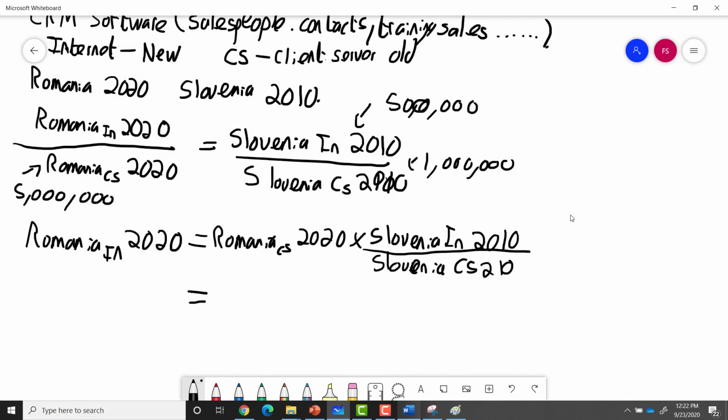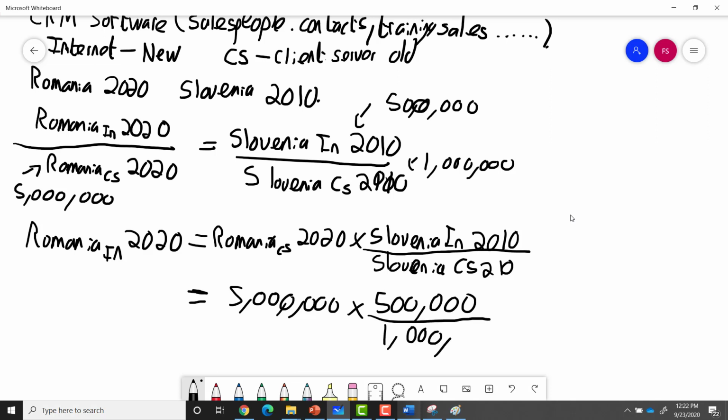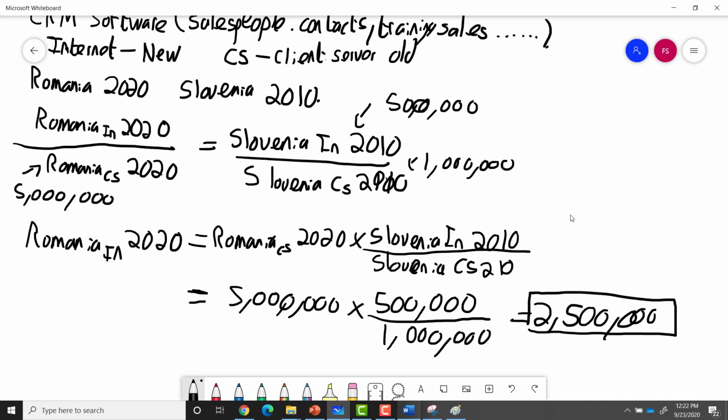It's going to be 5 million times 500,000 over 1 million, and it's going to be 2.5 million. So that's going to be my predicted size of the market.